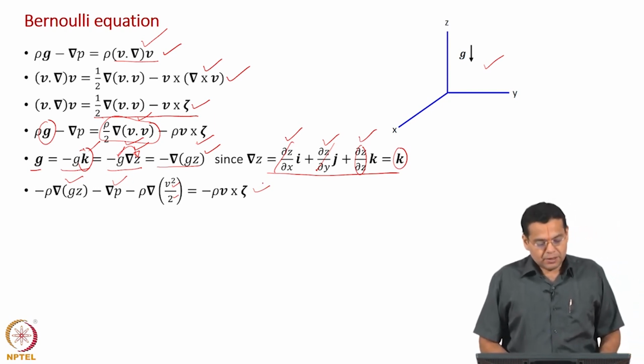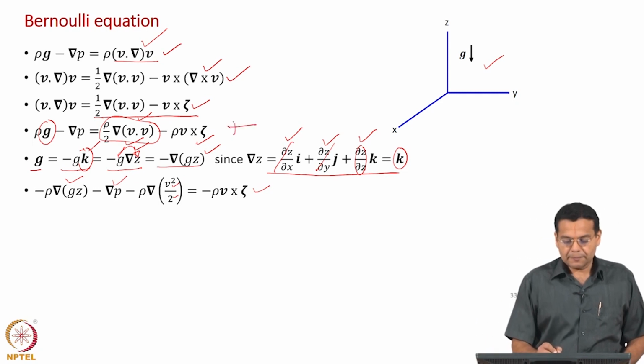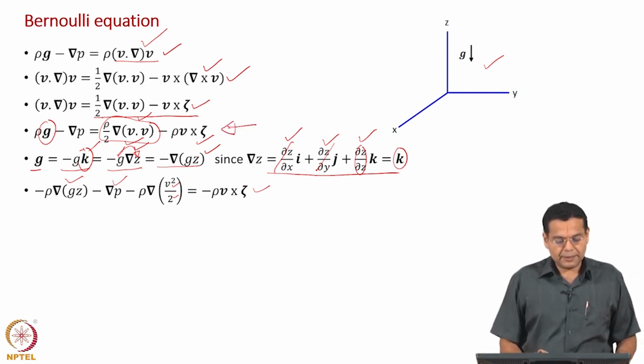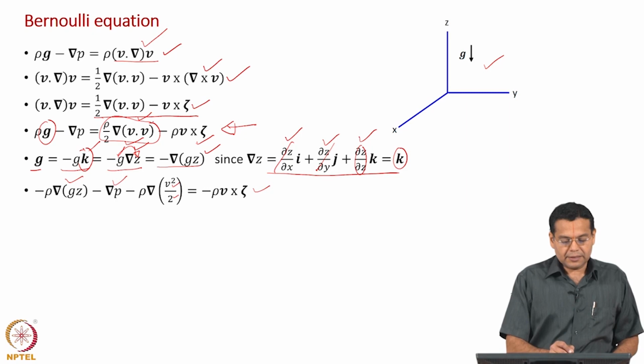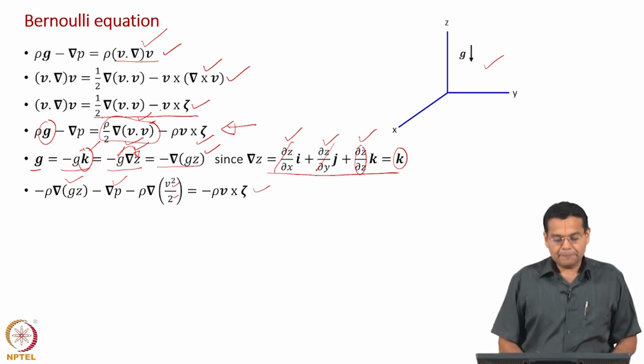Okay. In this equation, two things have been done. G has been expressed in terms of gradient of g z, and this term has been taken to the left hand side, and v dot v has been expressed as velocity squared.